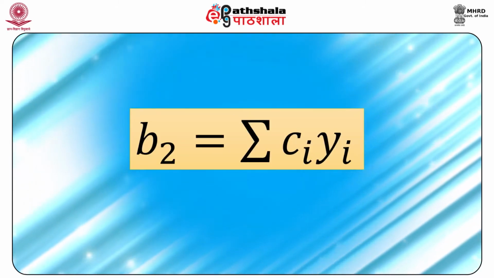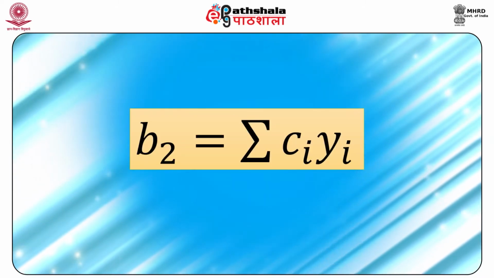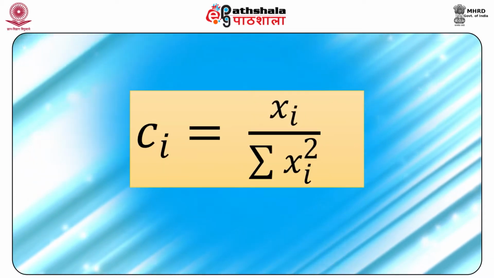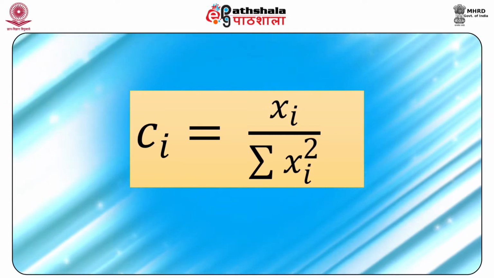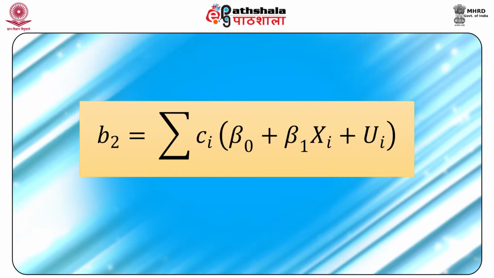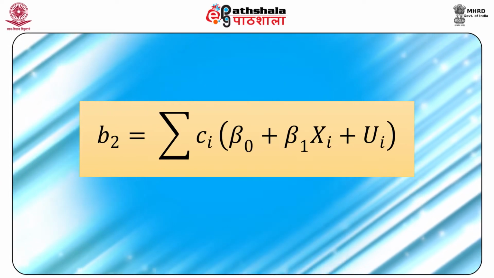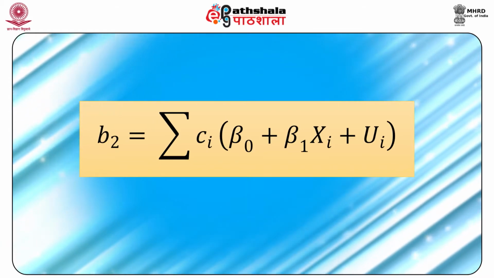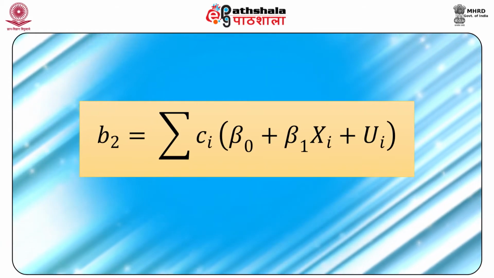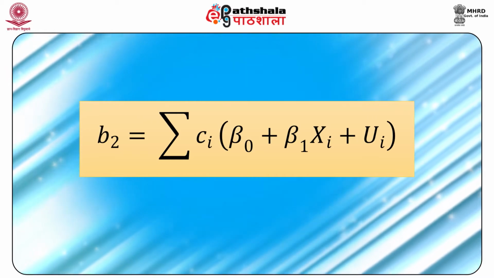We know that B2 is equal to sigma Ci yi, where Ci is defined as xi upon sigma xi square. Now, since xi's are assumed to be non-stochastic and therefore fixed, B2 is a linear function of yi. If you rewrite the above equation in terms of the population regression function, we obtain B2 equal to sigma Ci into beta 0 plus beta 1 xi plus mu i.